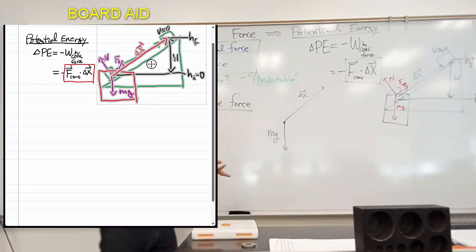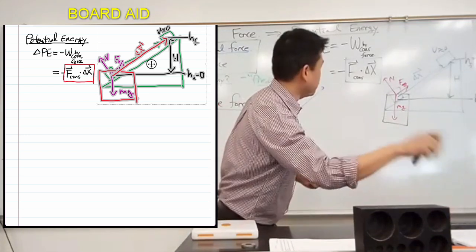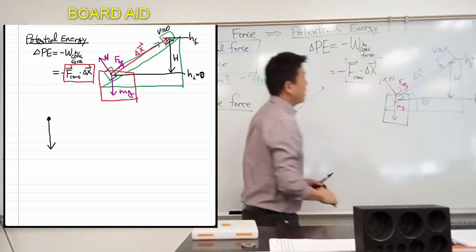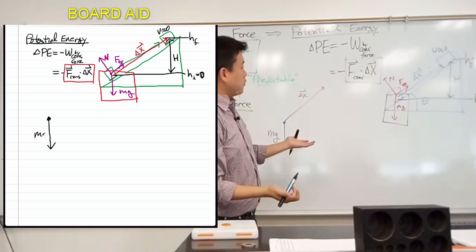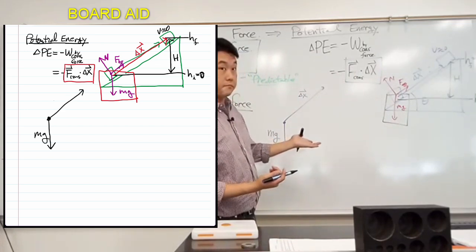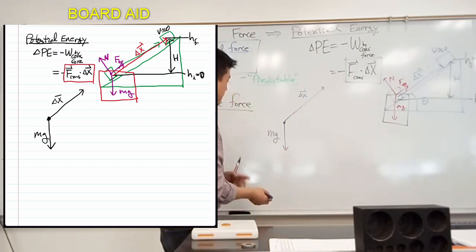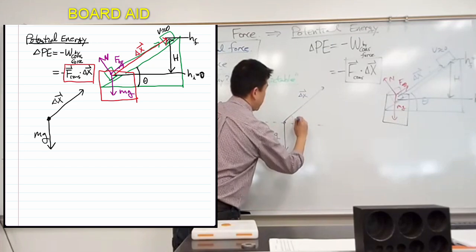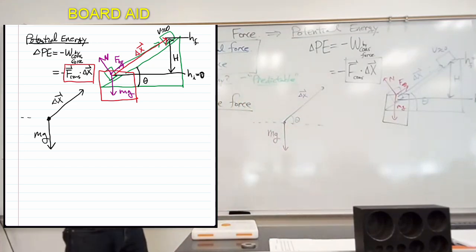Let me label a couple other things that really should have been specified in the question. Somebody should have told you this angle theta. To label that angle theta here, I need a horizontal here, and this would be theta.